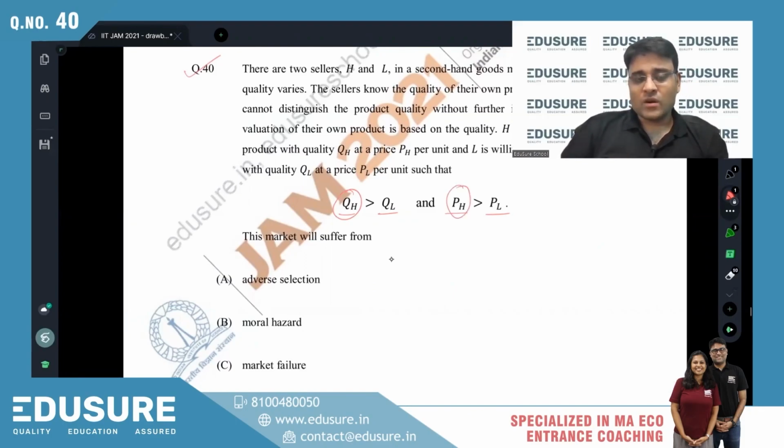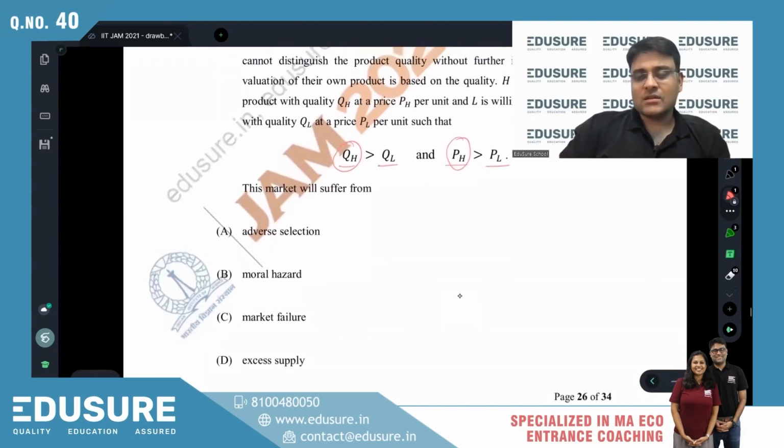What will this market suffer from? Since the buyers don't have perfect information, the buyer will make an adverse selection. So this is definitely the case. Moral hazard is not a problem like this. Moral hazard is a pollution problem or some externality problem. Market failure will definitely happen because none of the markets will be able to perform according to what they should.